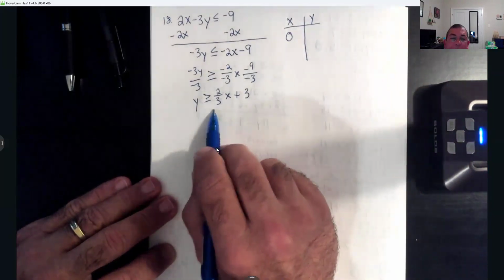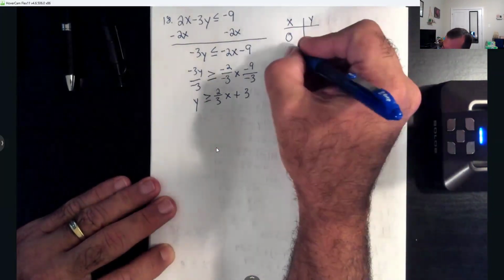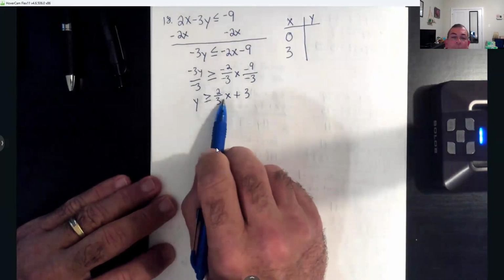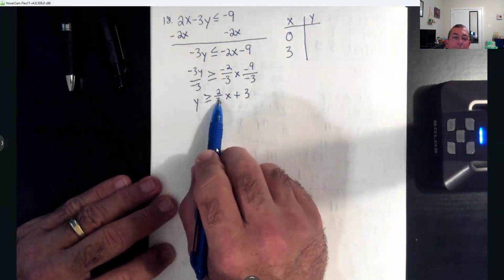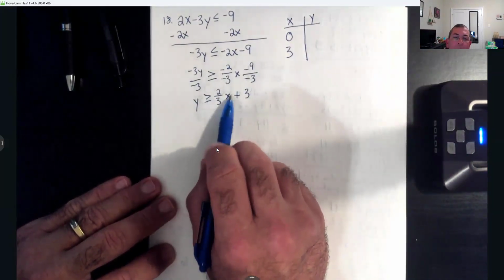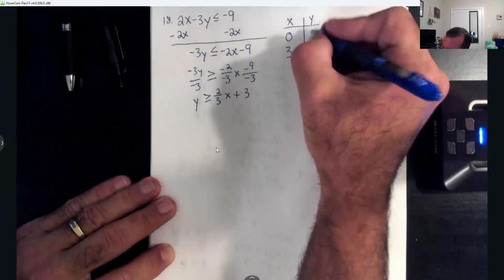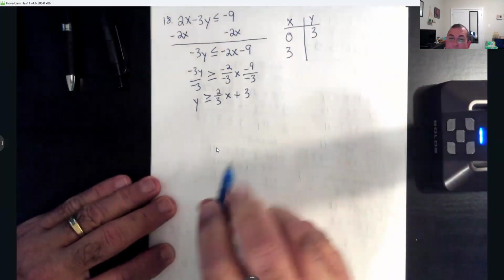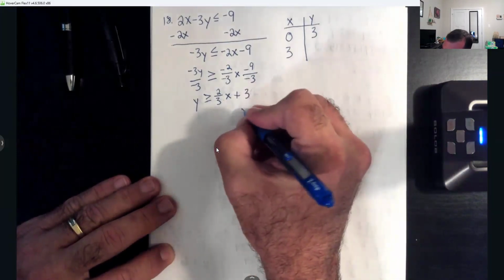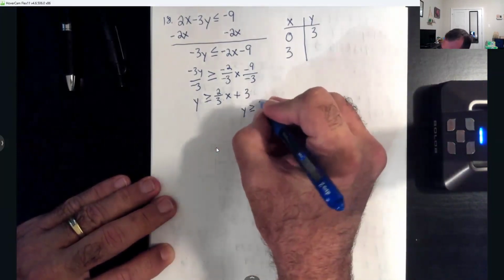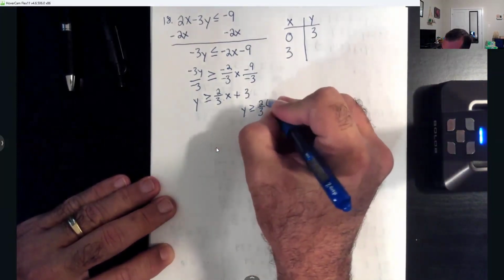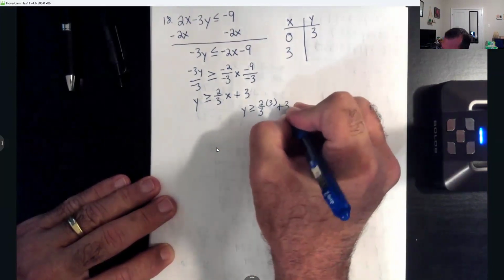And then remember, I got a fraction, so I'm going to use 3 for my next x. So if I put a 0 in, 0 times 2/3 is 0. 0 plus 3 gives me a 3.